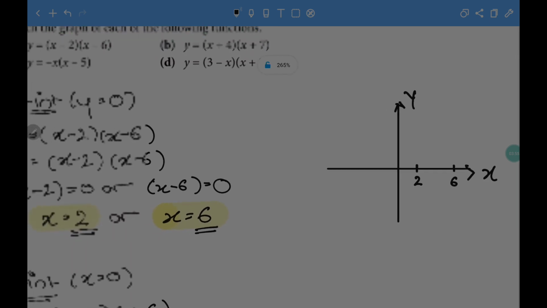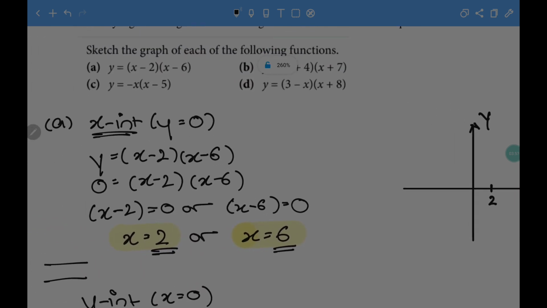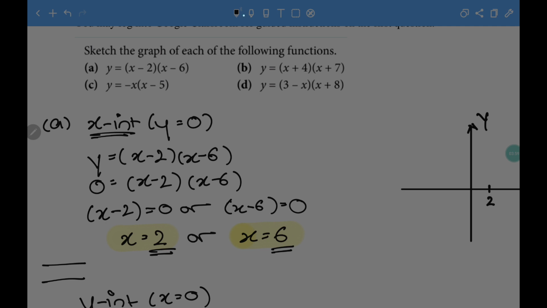Next, my question will be, is this a U-shape or N-shape curve? Let's take a look at the equation here. Remember, I need to check my x squared. Is it positive or negative? This one is x times x, positive times positive, and there's no negative outside as well.